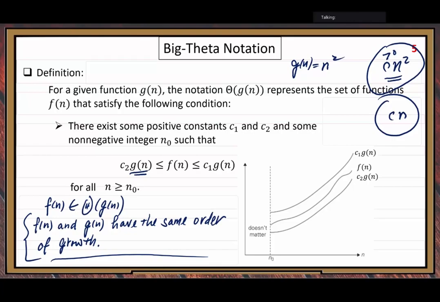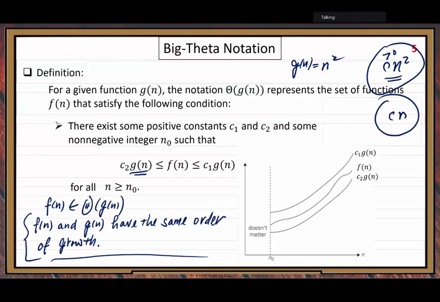In calculus, when we calculate the limit of a function, we take the limit of the lower bound and the limit of the upper bound. If those two limits are the same, then the function in the middle must take the same limit. That's the sandwich theorem in calculus. Here we use a similar idea.